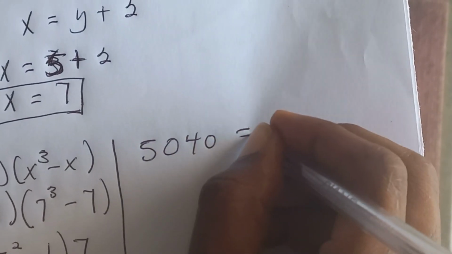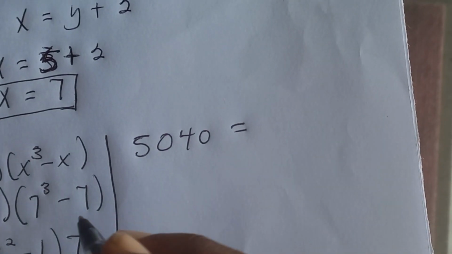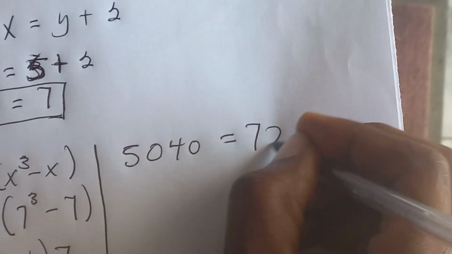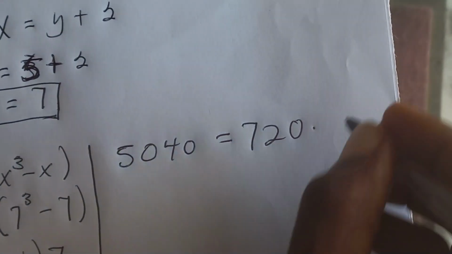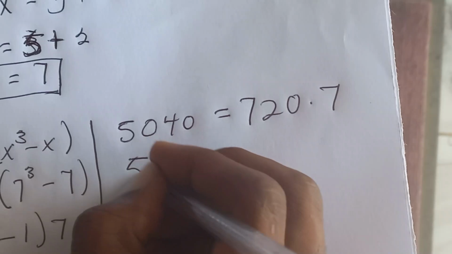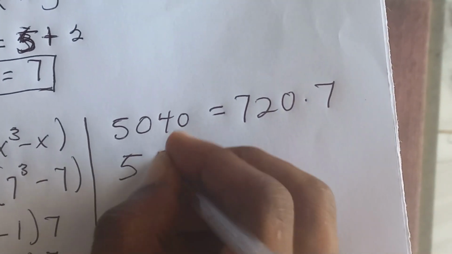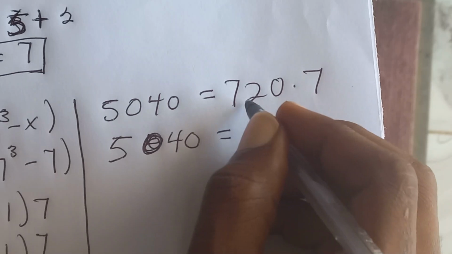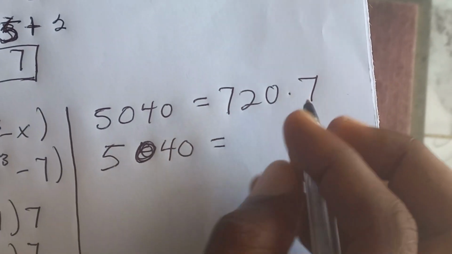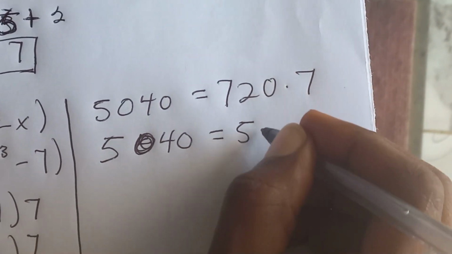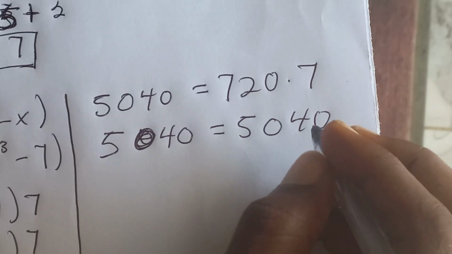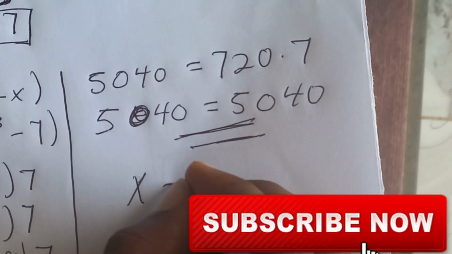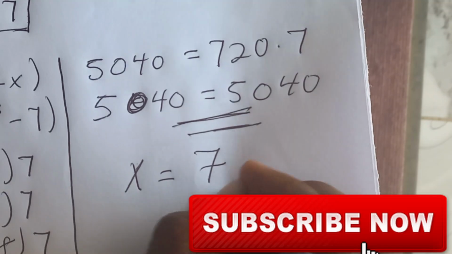We are getting 720 multiplied by 7. So 5040 is equal to 720 times 7, which is the same as 5040. So it means that indeed our x is equal to 7.